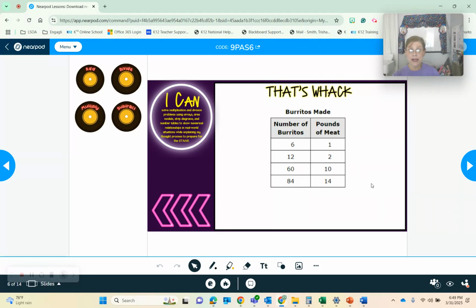So what are you doing? You are going to look at each of these input and output tables, and you are going to decide, is this table an addition, subtraction, multiplication, or division input and output table? Tomorrow, as a whole group, we will come back and go over these answers.